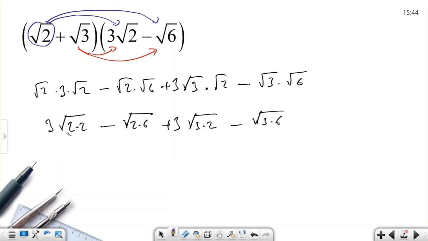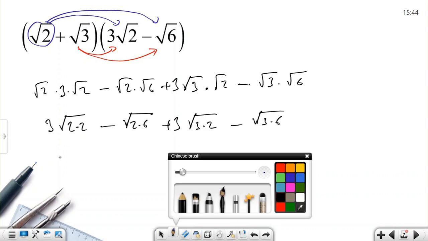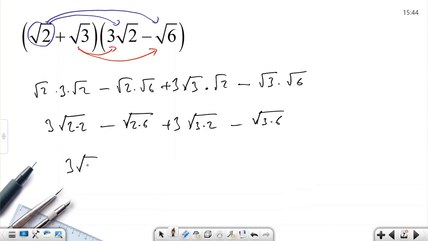Here, let's continue all the steps this time. So 3 times square root of 4, minus 12, plus 3 times square root of 6, minus 18.